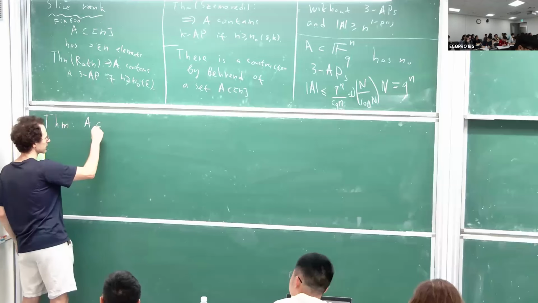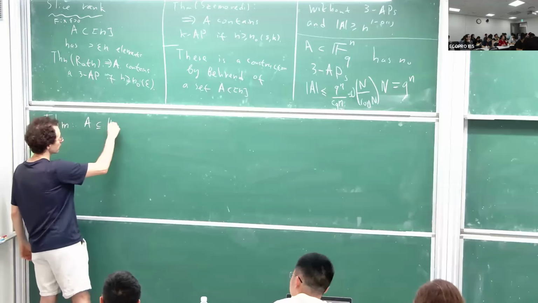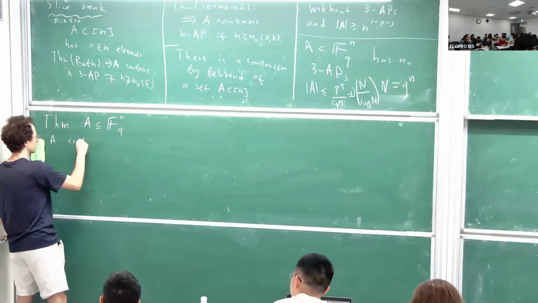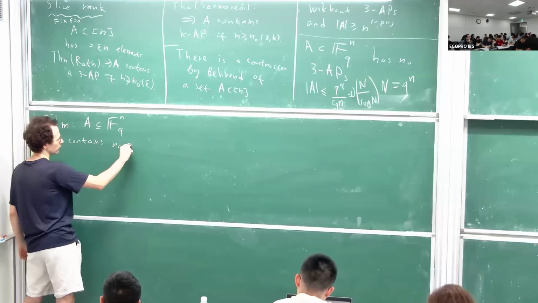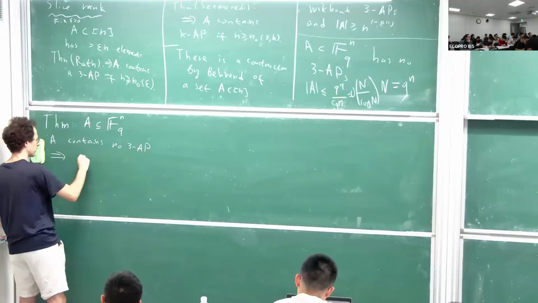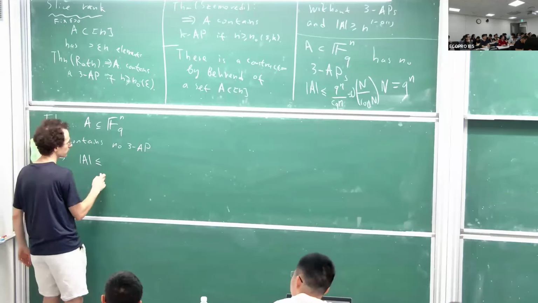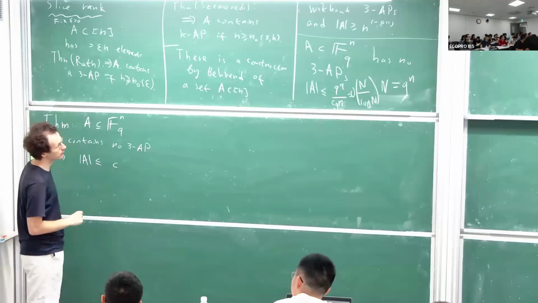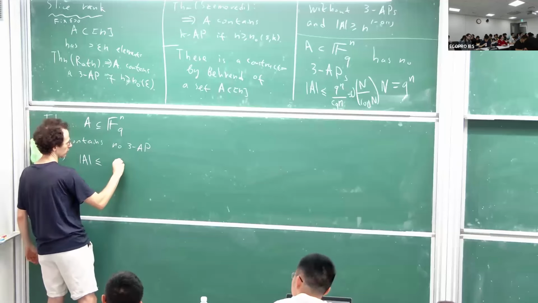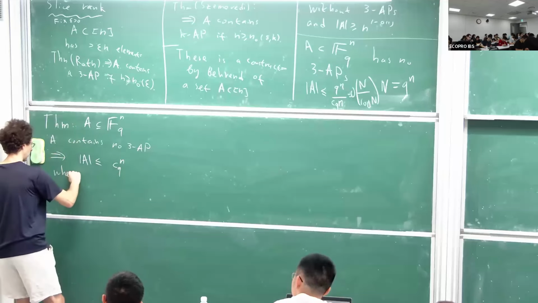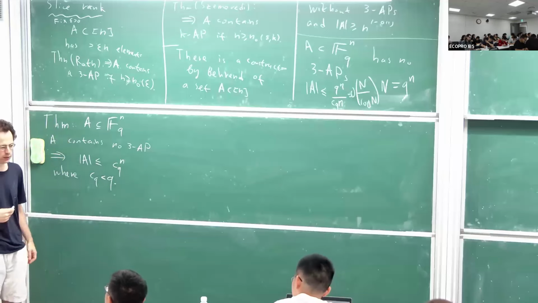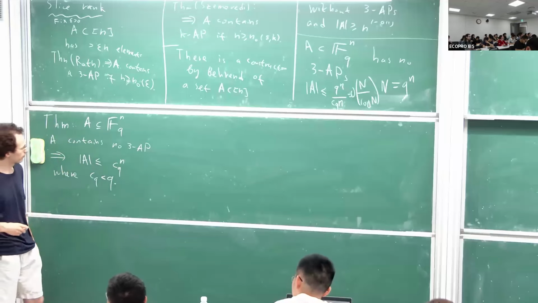Let A be a subset of F_q to the n. If A contains no three-term progression, then the size of A will be less than some constant, depending on q, to the n, where the constant will be strictly less than q. So it's actually an exponentially better bound, just like a power saving.